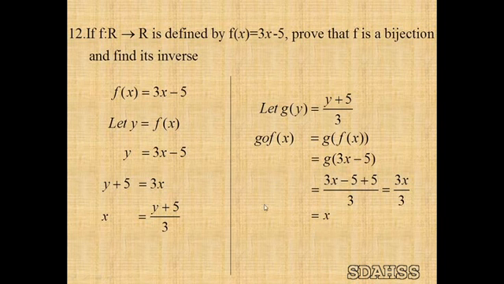Then you have to find f dot g of y. So f dot g of y can be written as f of g of y. In the place of g of y you can write (y plus 5) by 3. So f of (y plus 5) by 3.